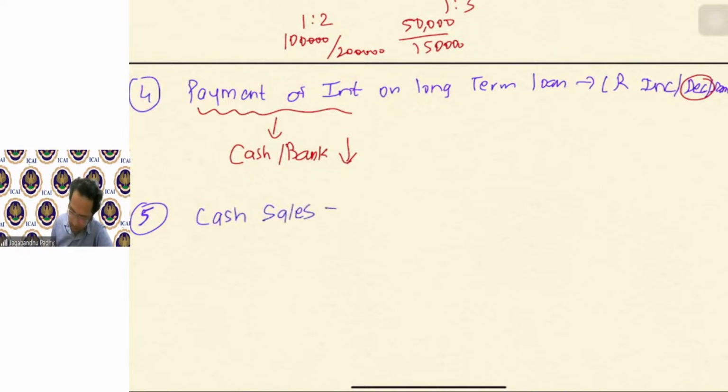When you do cash sales, tell me, is your current ratio going to increase, decrease, or is it going to remain same? When it is cash sales, what do you say? When you have cash sales, if you're undertaking cash sales, what will be the impact on the current ratio?